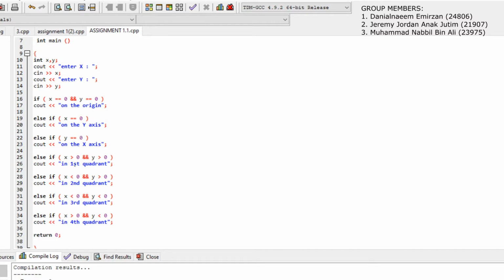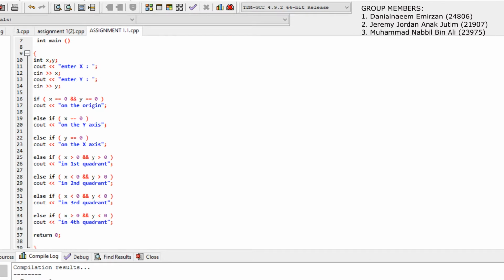If x is greater than 0 and y is greater than 0, it will be in the first quadrant. If x is smaller than 0 and y is greater than 0, it will be in the second quadrant. Else if x is smaller than 0 and y is smaller than 0, it will be in the third quadrant.